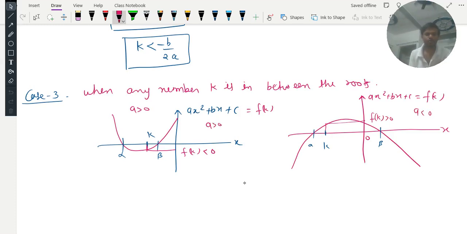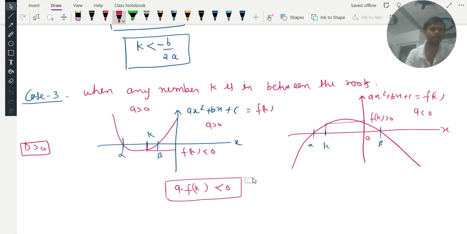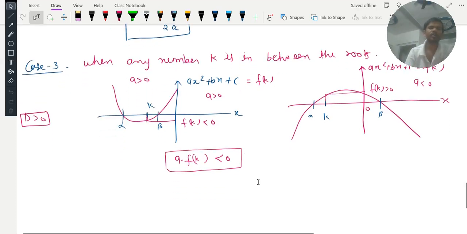So in this case, a into f(k) is less than 0, and D is always greater than or equal to 0. So we have to apply a into f(k) when k is between both roots, and we cannot say anything about minus b upon 2a in this case.